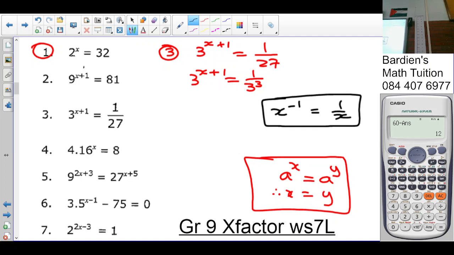Which means to say, if x to the minus 1 is 1 over x, then 1 over x is equal to x to the minus 1. Notice it goes both ways. So that gives us, therefore, 3 to the x plus 1 is equal to 3 to the negative 3.